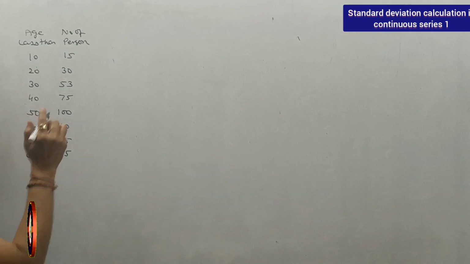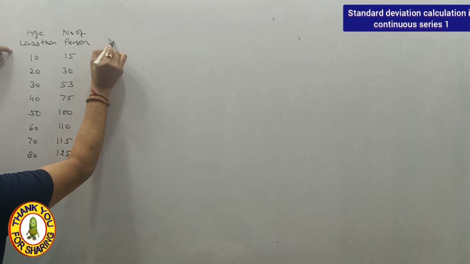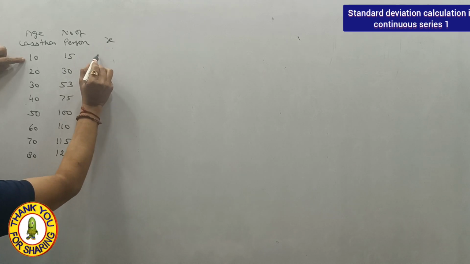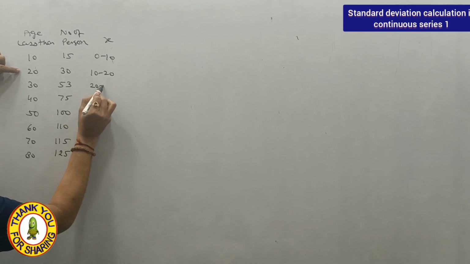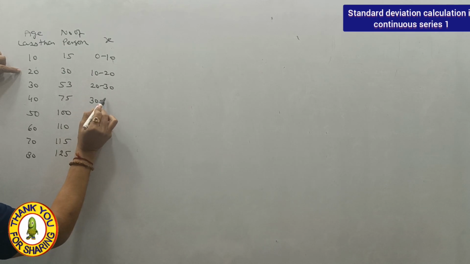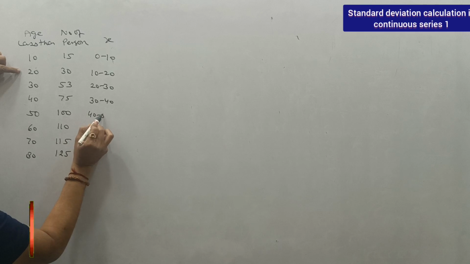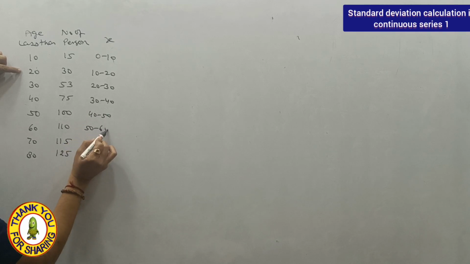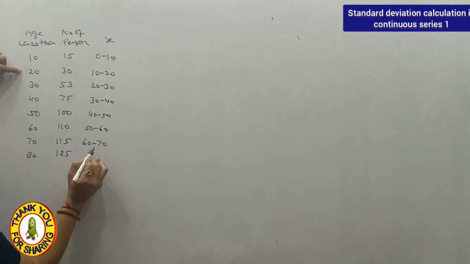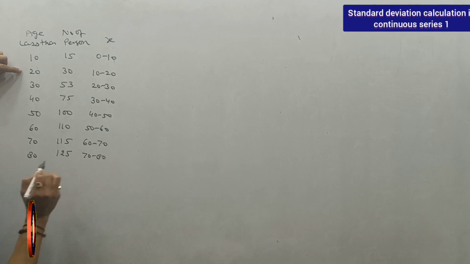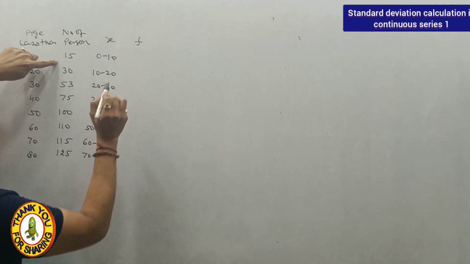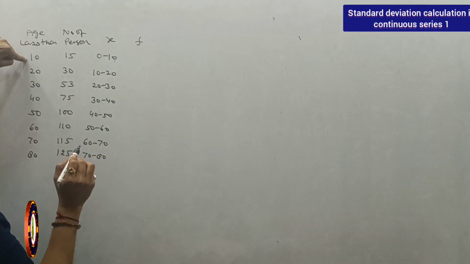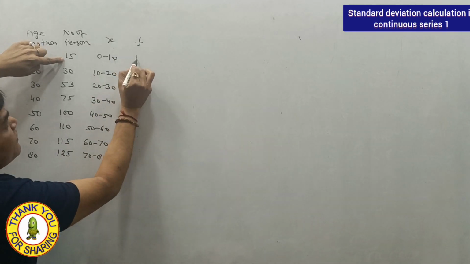So the very first we will make the class intervals x: 0 to 10, 10 to 20, 20 to 30, 30 to 40, 40 to 50, 50 to 60, 60 to 70 and last one 70 to 80. Then frequency: less than 10 is 15, so 0 to 10 is 15.